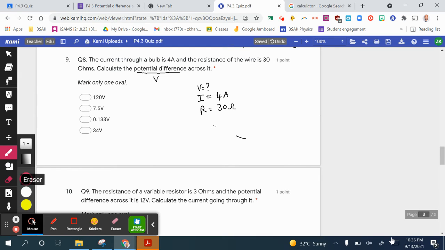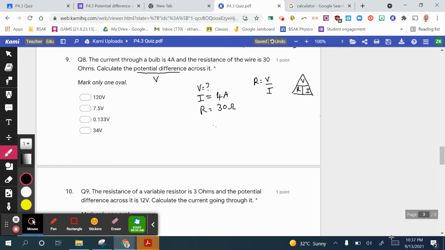Okay, and now what we need to do is work out a formula that connects all three of these. And as we saw previously, the formula was resistance equals voltage over current, and we need to rearrange this formula now. So some of you use a rearranging triangle, and the R will go at the bottom, V and I here.